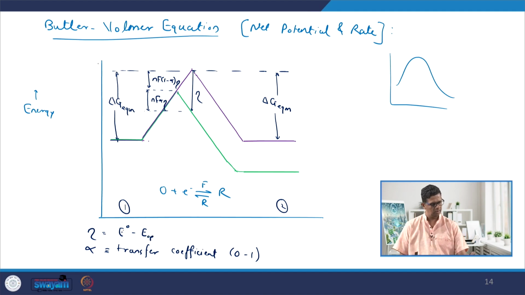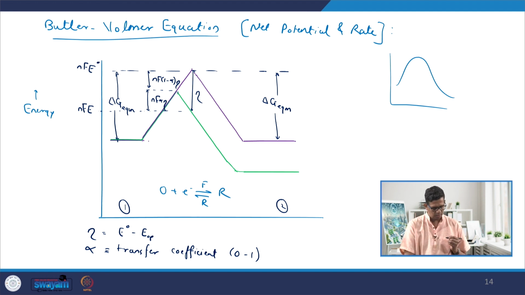So let us say this is our E naught, then this will be E, here it will be E. If I extend this, this will be E. So if I convert this E naught and E in the respective energy vertical, this will be nF E naught and this will be nF E. F is capital, Faraday's constant.